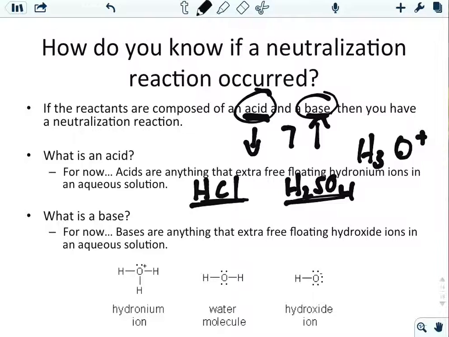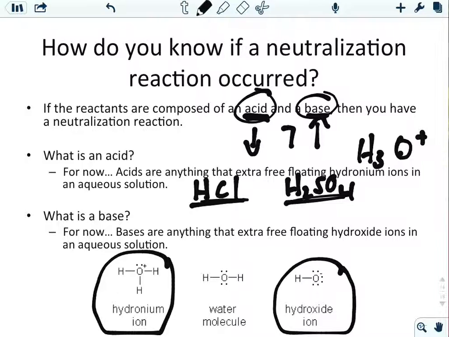So, what is a base? For now, bases are anything that have extra free floating hydroxide ions in the aqueous solution. So we see here's the hydronium for the acid, and here's the hydroxide. Let's say potassium hydroxide: when it goes into water, it becomes an aqueous solution, and it's going to have that extra hydroxide floating around.